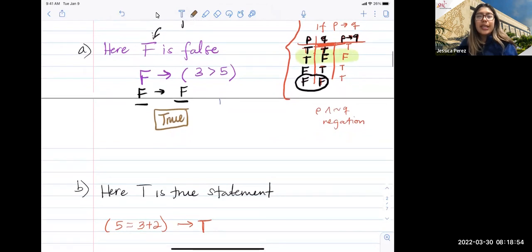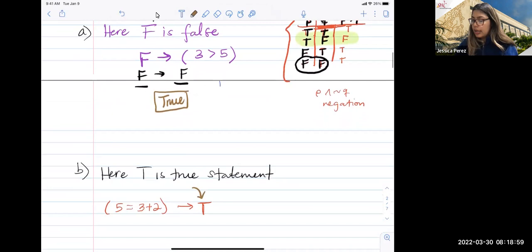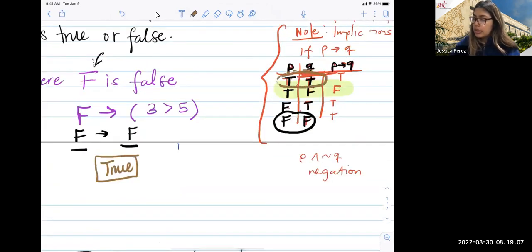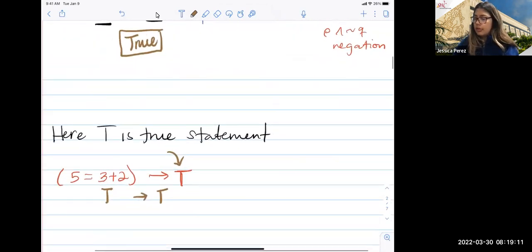Now here, T is a true statement. So this is T. And then 5 is equal to 3 plus 2. Yeah. So T implies T. Let's go up here again to our truth table. T and T gives me a T. This is true.